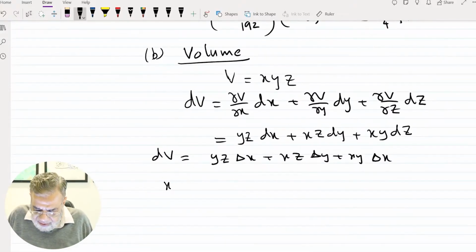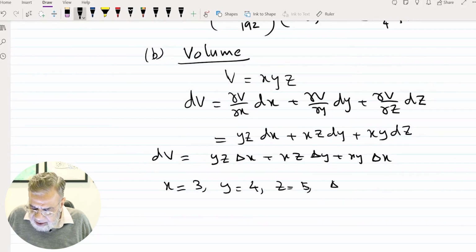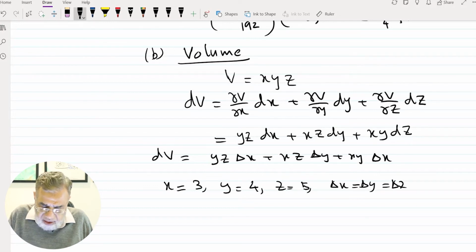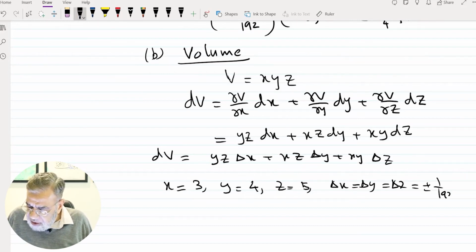Our x is equal to 3, y equal to 4 feet, z equal to 5 feet. Then my delta x is equal to delta y is equal to delta z. So here the value is delta z, not delta x, so just change it. This is my delta z, and this is equal to plus minus 1 over 192 feet.